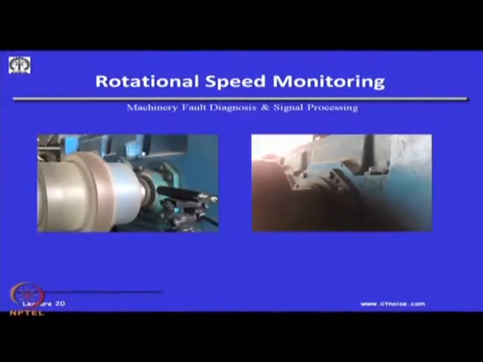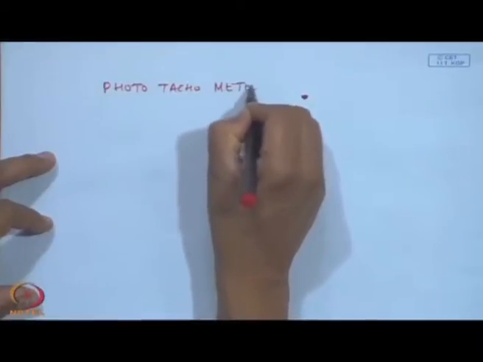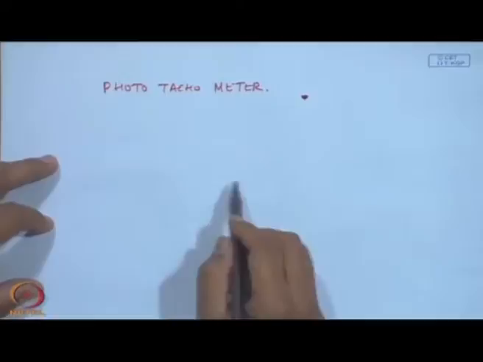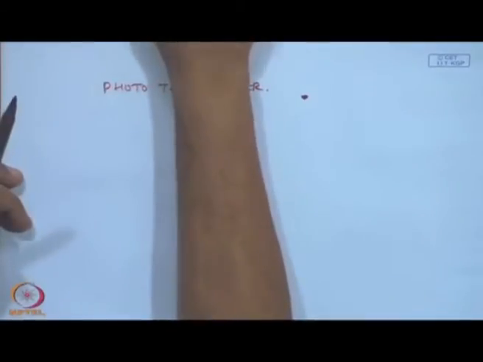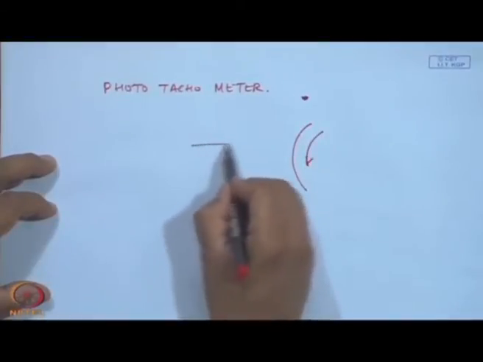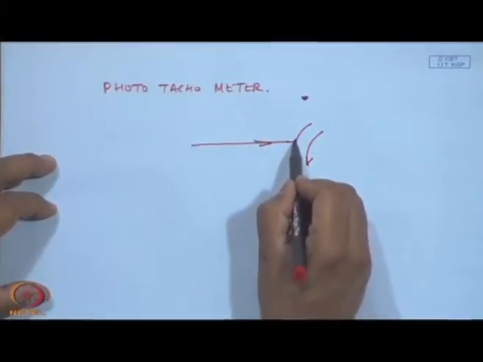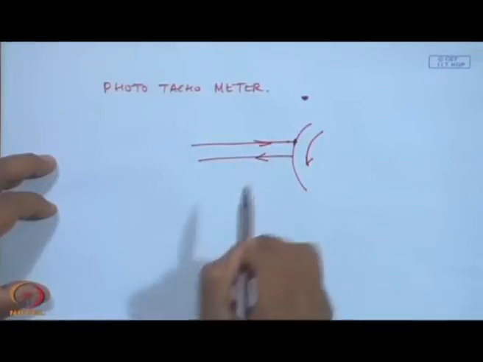Now, how do we do the rotational speed monitoring? Sometimes we can use the reluctance type pickup. Sometimes we can also use a photo tachometer, wherein of course, this is a shiny surface. So, if you shoot a light beam, and if there is a shiny patch, it is going to reflect back.